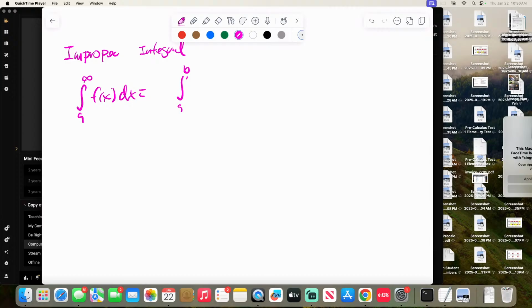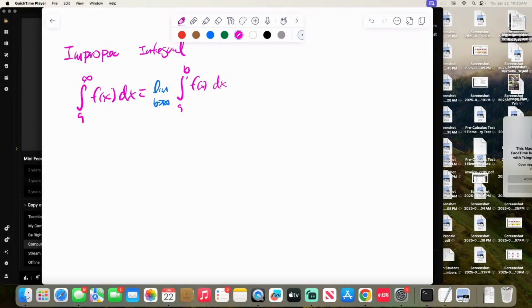Instead of writing infinity, you're going to write b, right? And you're also going to write in the front, limit as b approaches infinity, of f of x dx. So the bottom is a constant already, so you can write the top as just b, and in the front say limit as b approaches infinity.